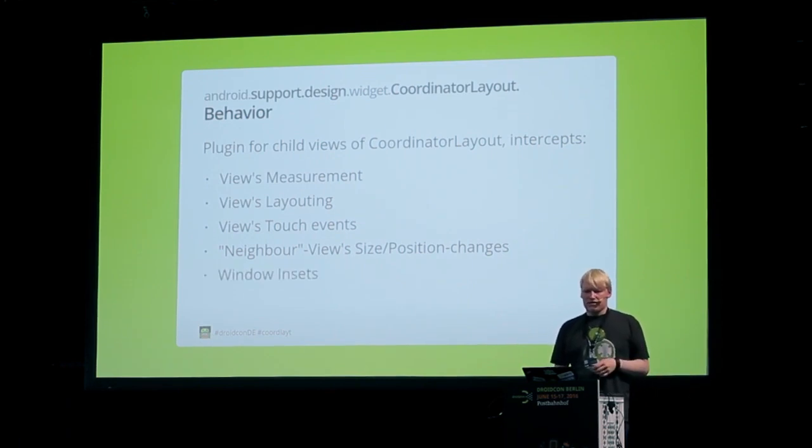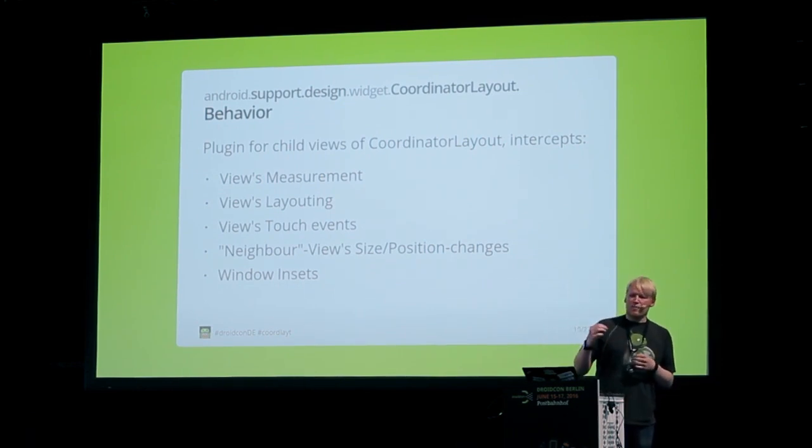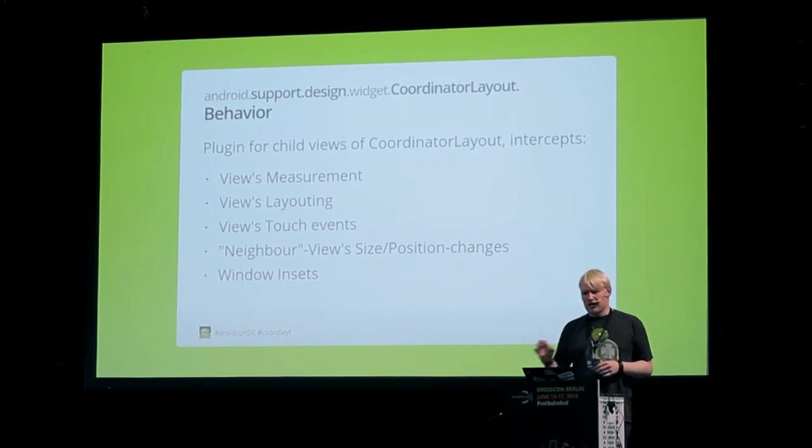It can also react to window insets, so using a behavior, you can get to know how much space the status bar or the navigation bar inside your whole screen uses. So maybe you need to adjust your views for that. And the biggest thing it can react to, the most complex thing I'd say, is nested scrolling.